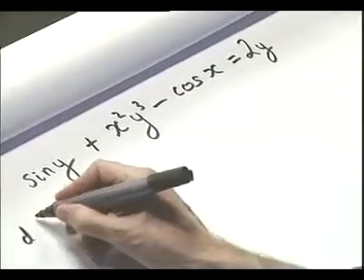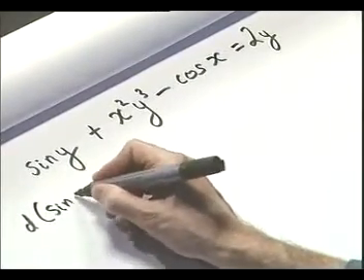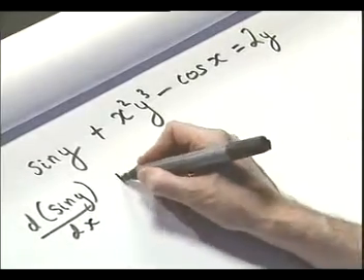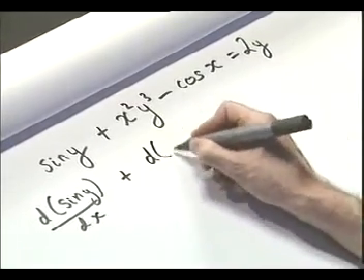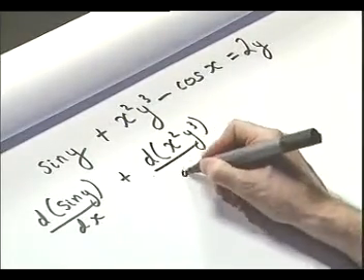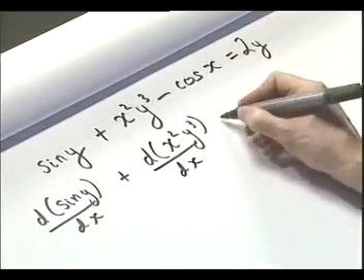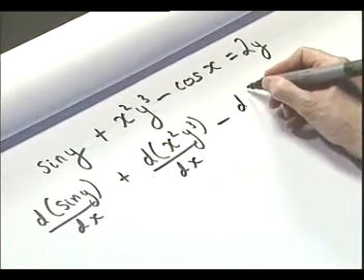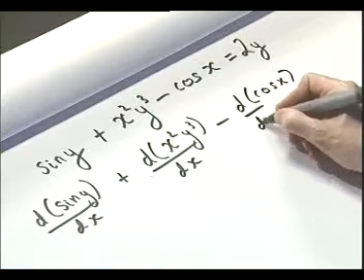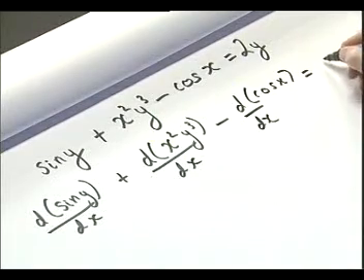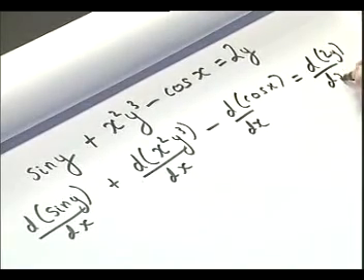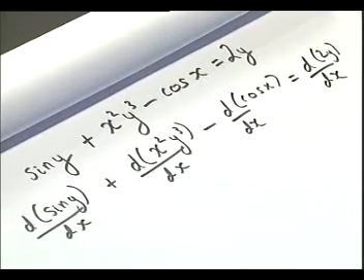So that's the derivative of sine y with respect to x plus the derivative of x squared y cubed with respect to x minus the derivative of cos x with respect to x equals the derivative of 2y with respect to x.